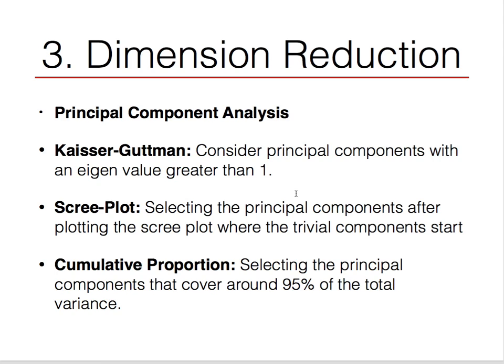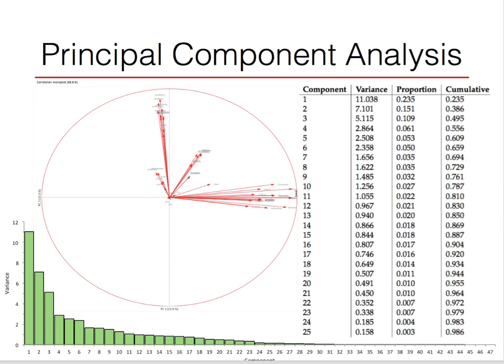What we did next was we made use of principal component analysis to reduce the number of features, since 47 features could be very computationally intensive on a smartphone. And what we did, we experimented with the Kaiser rule, the scree plot, and the cumulative proportion to determine which eigenvalues we can use.